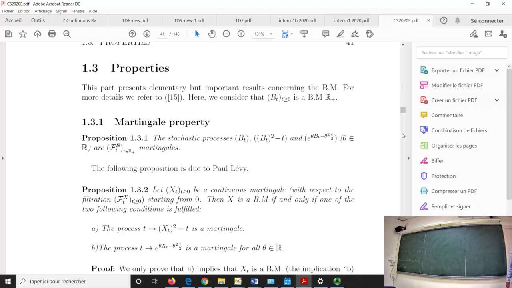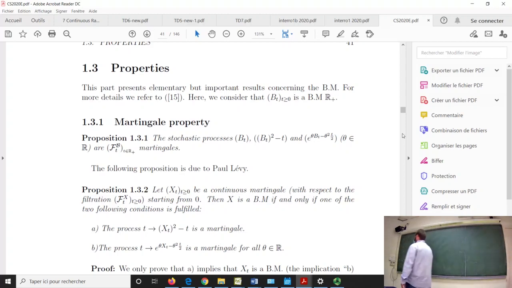In the Gaussian density you have inside exponential minus x squared over 2. So if you integrate the exponential of a Gaussian, from the fact that the density of a Gaussian has the form, up to a constant, exponential minus x squared, you are sure to obtain something that is finite in expectation. Because you multiply by an exponential that may be positive or negative, whatever, but you integrate with respect to the Gaussian density, which is of the form exponential minus x squared over something. The exponential minus x squared wins, and so you have an expectation that is finite.